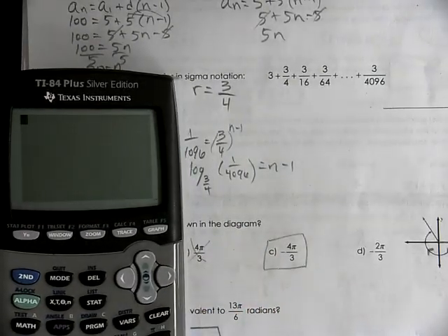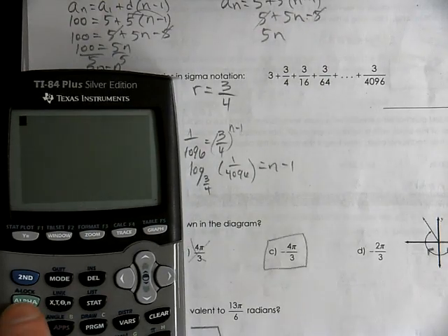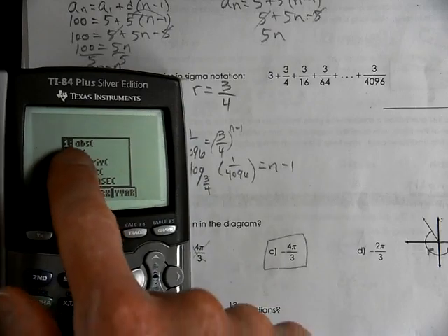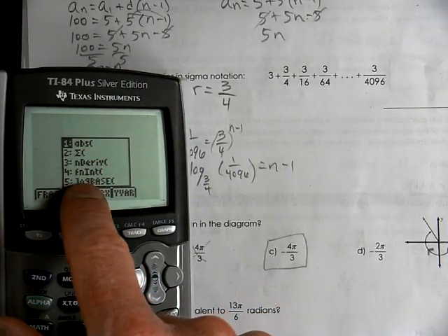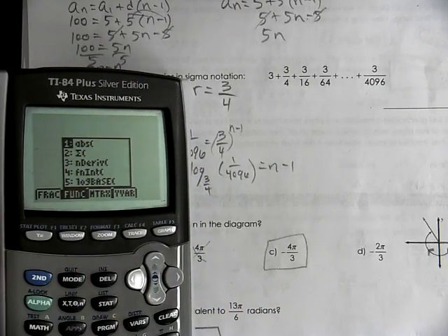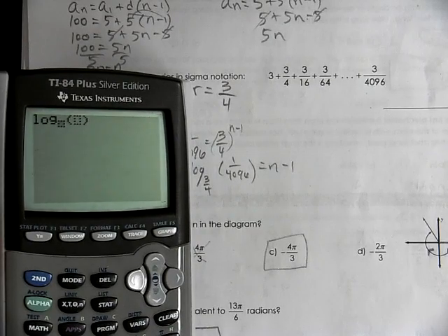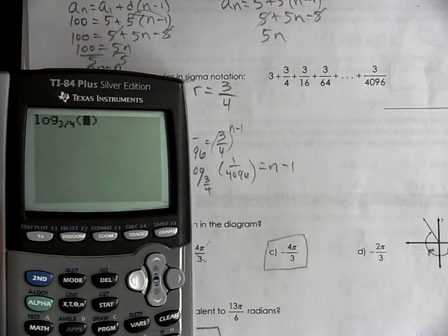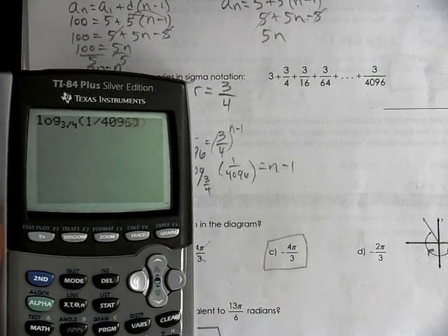And we know a couple of ways we could do this. You could go to second window down to number 5. That's that change of base. And you could just plug in your 3 divided by 4 and your 1 divided by 4,096.